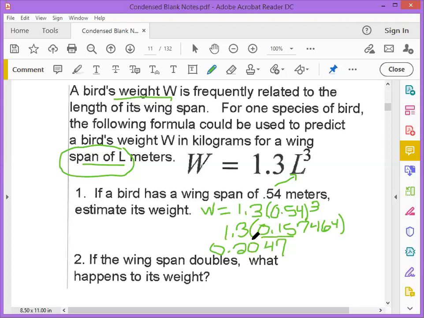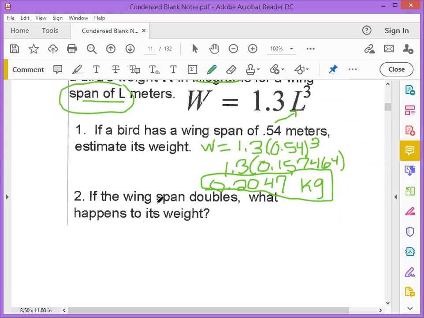Let's just stop 4 spaces. Are we told where to round? No. So we'll stop 4 spaces. So 0.2047. And the weight is given to us as kilograms. So we want to put our units kg. And that will be our answer, 0.2047 kilograms.